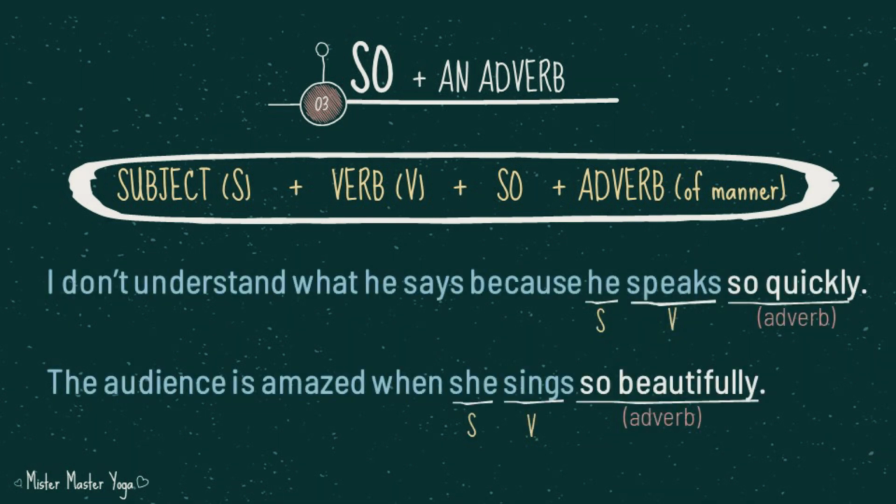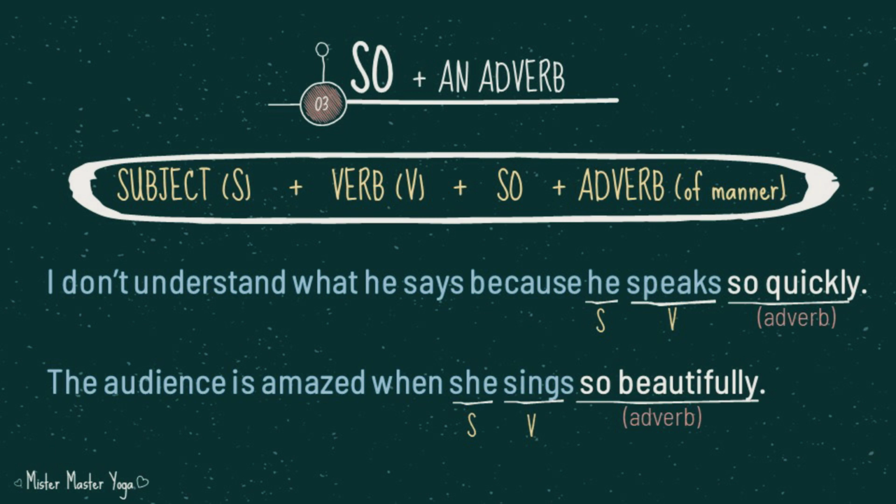Let's check the examples. I don't understand what he says because he speaks so quickly. We have the subject he and the verb speaks. So the subject here is doing something.